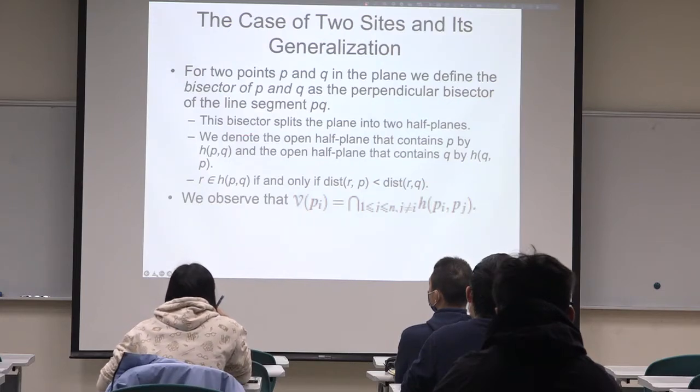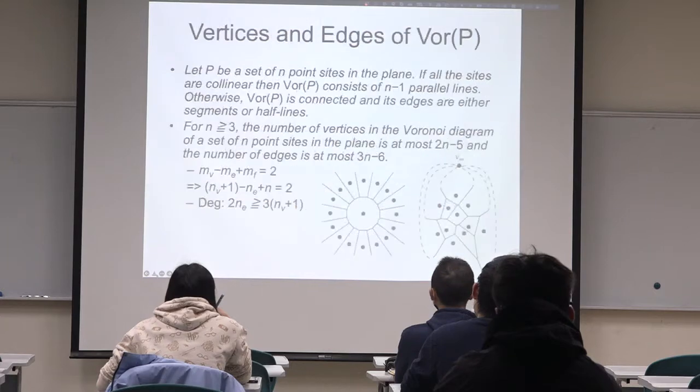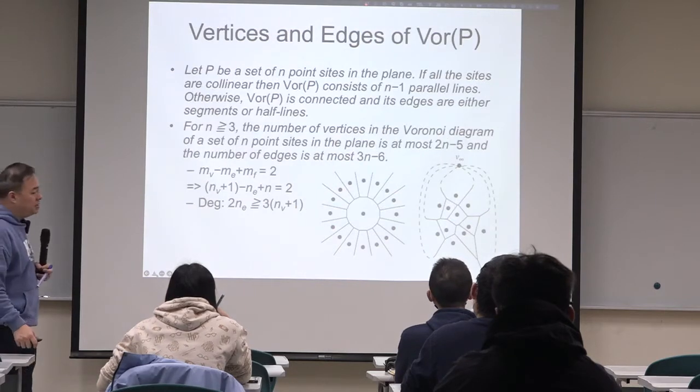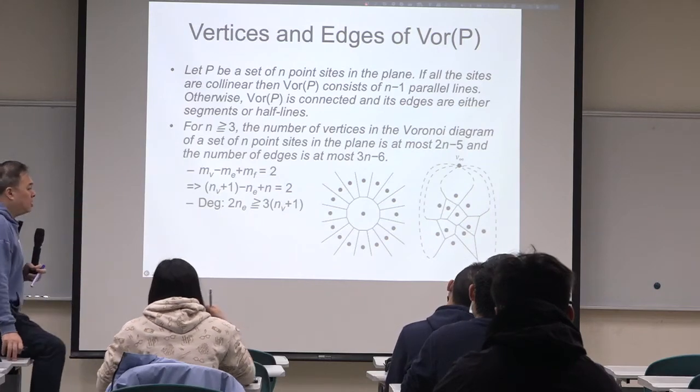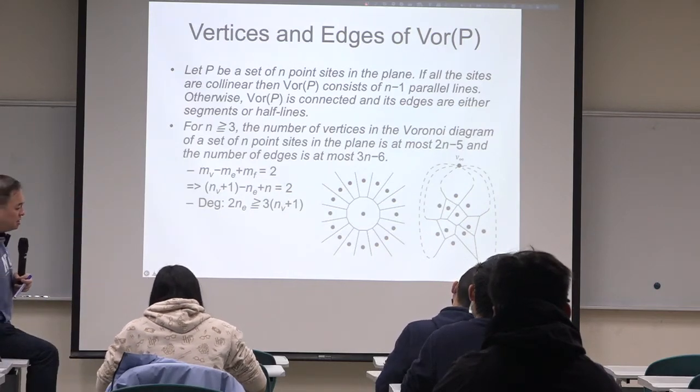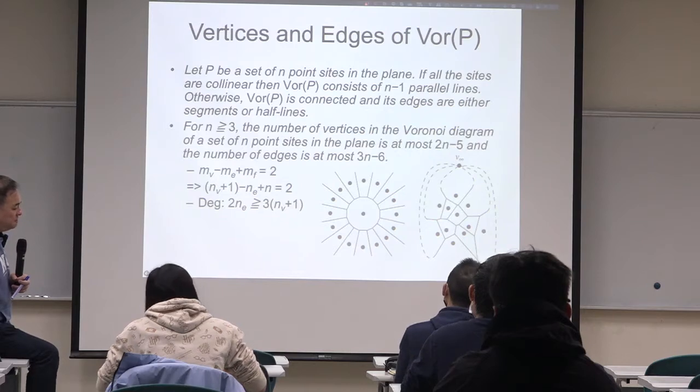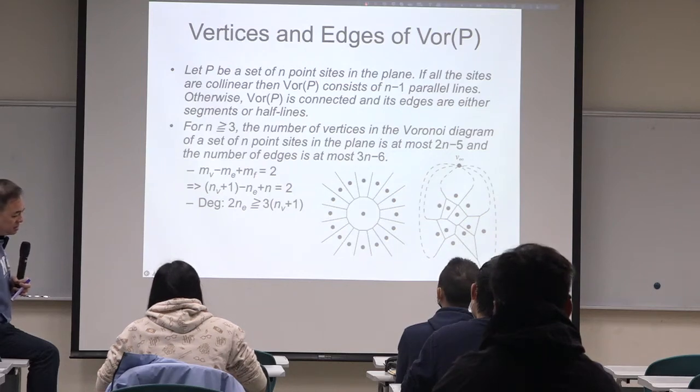But this is a little bit more costly, because if we have n sites, then we are talking about computing the intersection of n minus one subdivisions.